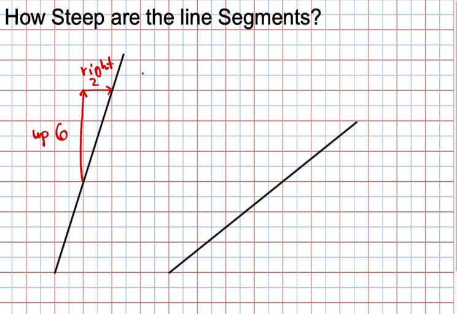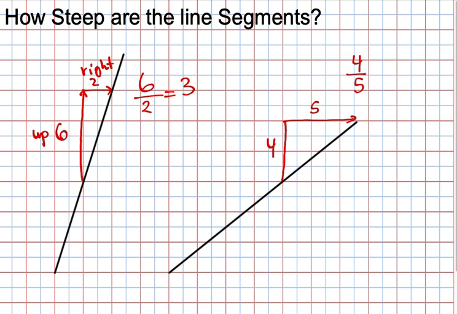So we could say that this has a steepness of 6 compared to 2. It goes up 3 times as fast as it goes to the right. On this one, if I go between a couple of points, it goes up 4 and over 5. So it goes up 4/5 as quickly as it goes to the right.